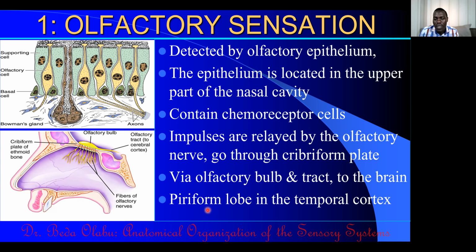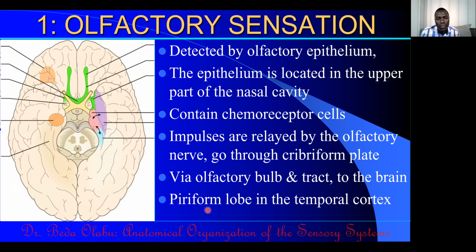That is olfaction pathway. So this was the primary olfactory cortex. Maybe I didn't show you this image earlier, but that's olfactory bulb, this olfactory tract. Olfactory tract projects to the cerebral cortex here. This is the primary olfactory area, the piriform cortex. This is area number 28, and this is area number 34.